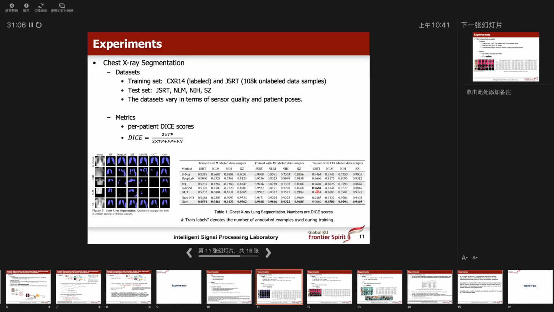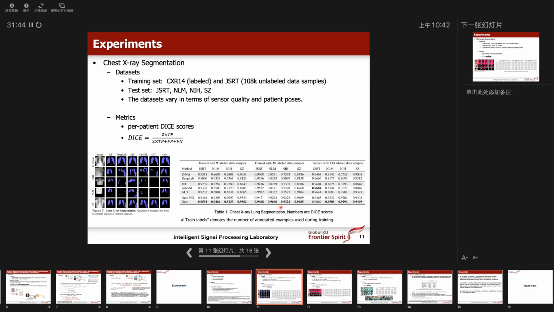On the NLM, 0.9509 is the number for ours with 175 labeled. For 35 labeled, the performance is 0.9606. So it's doing better than with 175 labeled data.